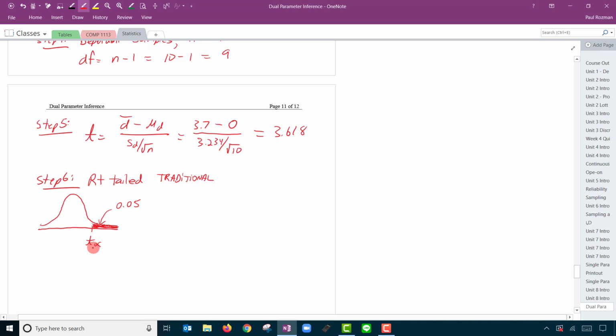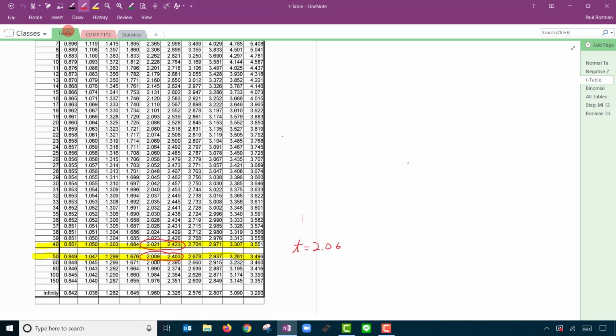And now we need to figure out what this t-score is on my t-axis based off of 5%. And in order to do that, I need to remember that the degrees of freedom are still 9. So I'm going to look up 9 and a probability of 0.05 to the right in my t-table.